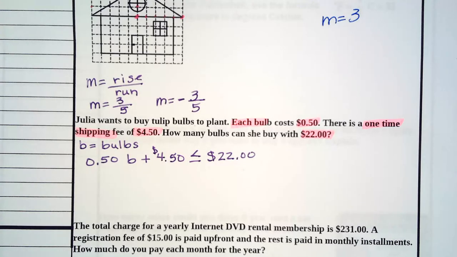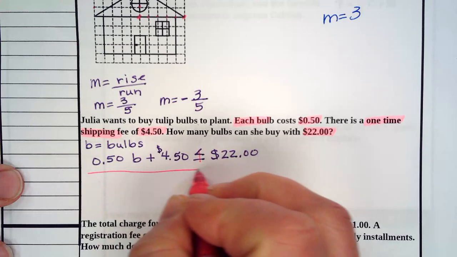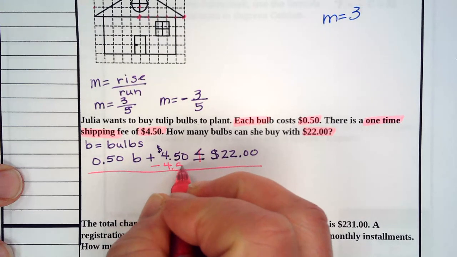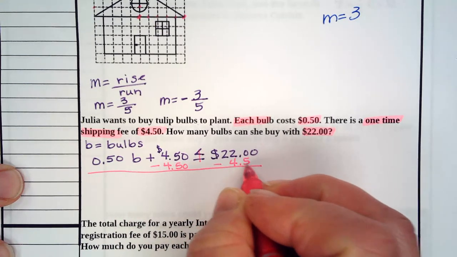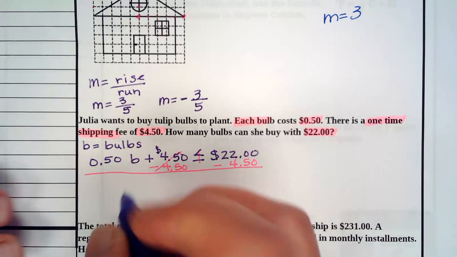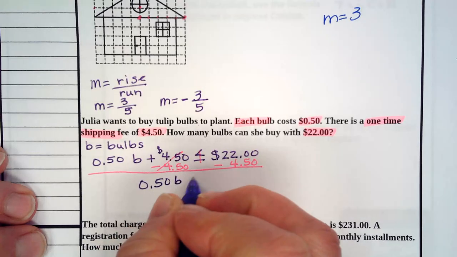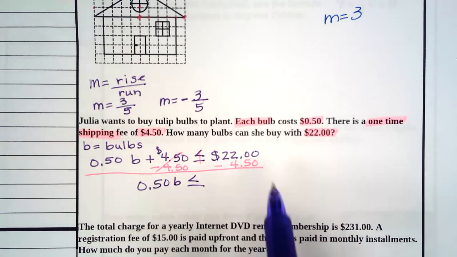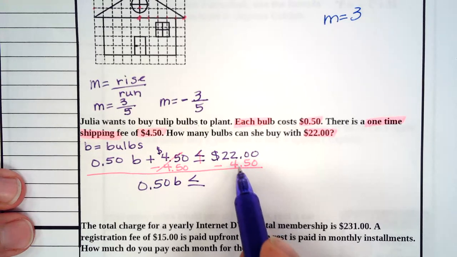What is our first step to solving? Well, I'm going to subtract $4.50 from both sides. $0.50b is less than or equal to... what is 22 minus $4.50?